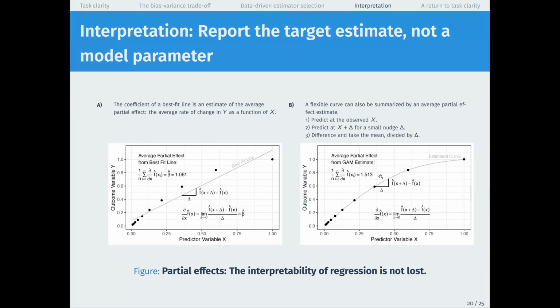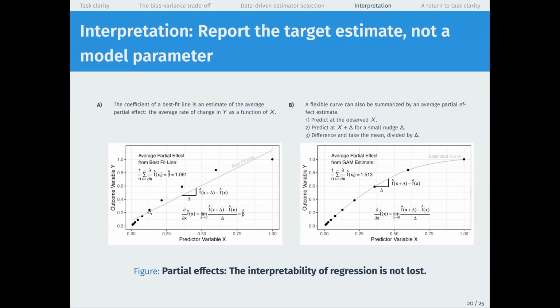And I actually think we might prefer the 1.513 because the machine learning estimate has discovered that there's a really steep slope here down at the bottom left, and that's also where a lot of the data exist.